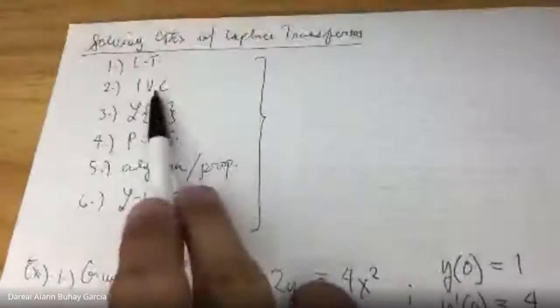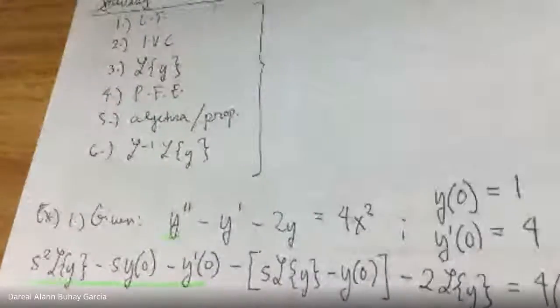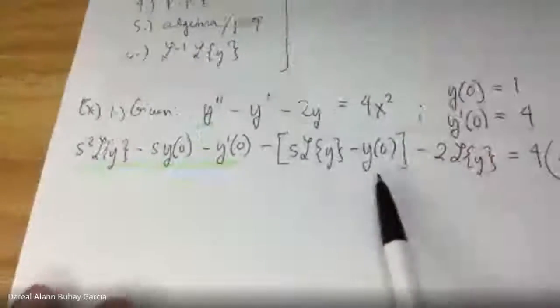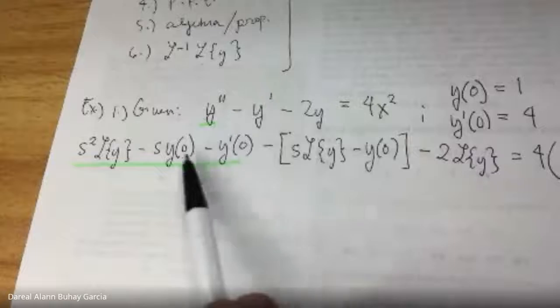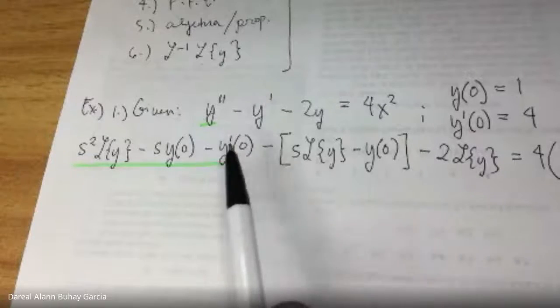Next, apply initial value conditions. This is 1. This is 4.